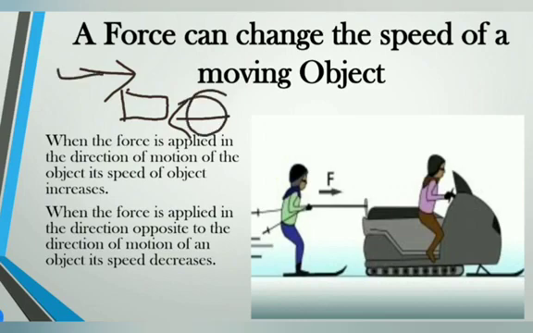So in the picture you can see, this is the direction of motion of the vehicle. If this person, instead of pushing along the same direction, pulls the object in the direction opposite to the direction of motion, at that time the speed of the object decreases.